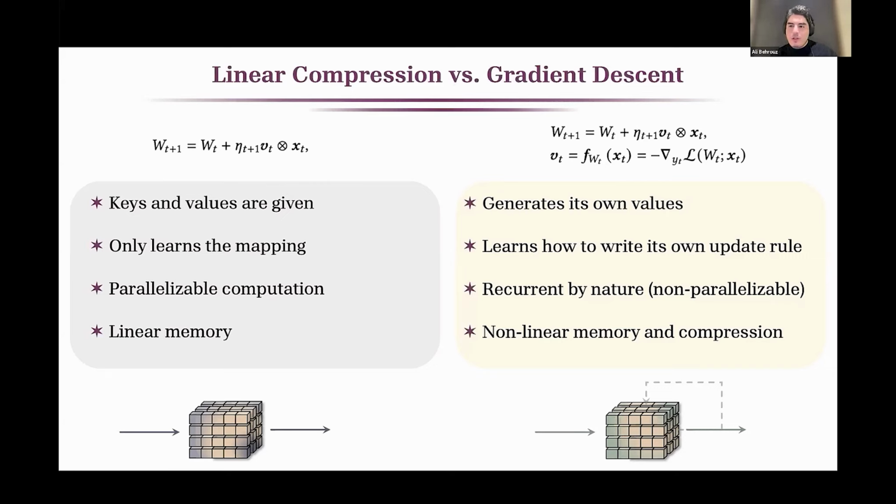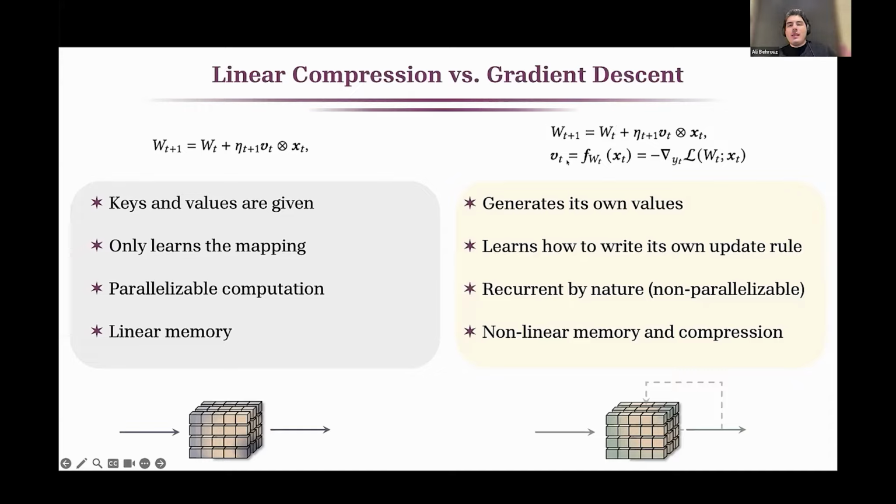There is no optimization process on that. But in the gradient descent formulation, this value is generated by the model itself. Why? Because we just need to recall what the value was. The value was this gradient, and this gradient is a function of W_t as well, which is the state of the current memory.